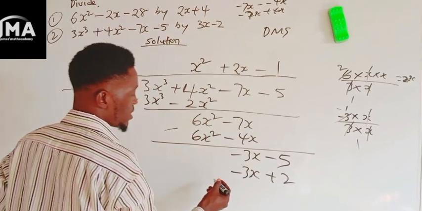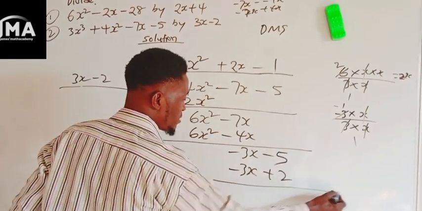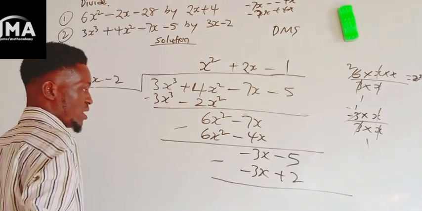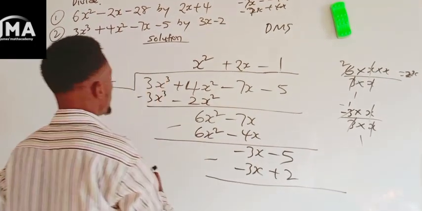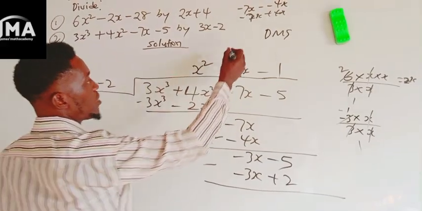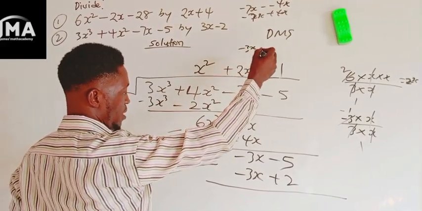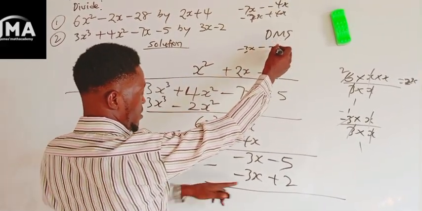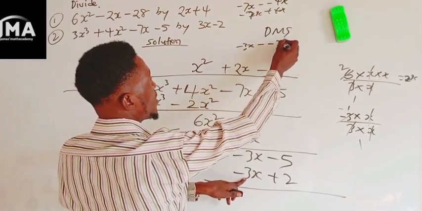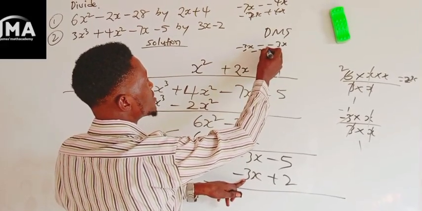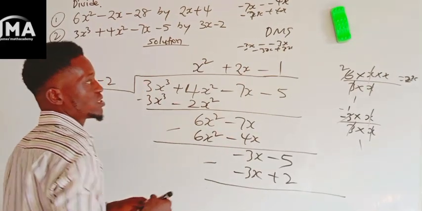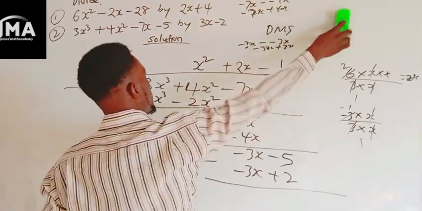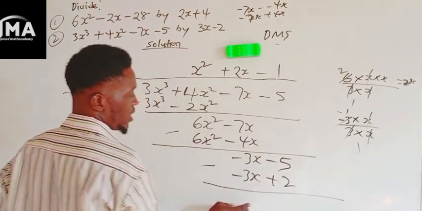In my subtraction, I'm going to roll my 9 and put minus here, isn't it? So minus 3x minus minus 3x, minus minus is plus. So we're going to have minus 3x plus 3x, which is going to be 0. So there's no point in me writing 0 here.